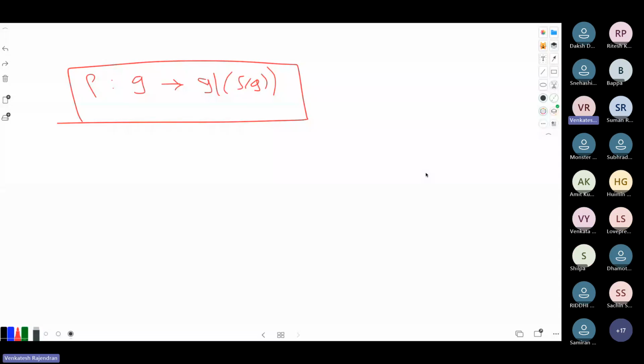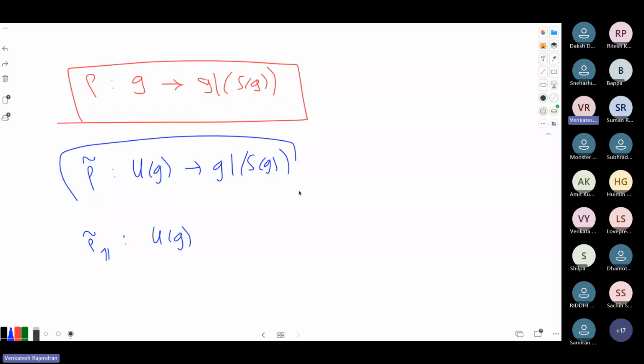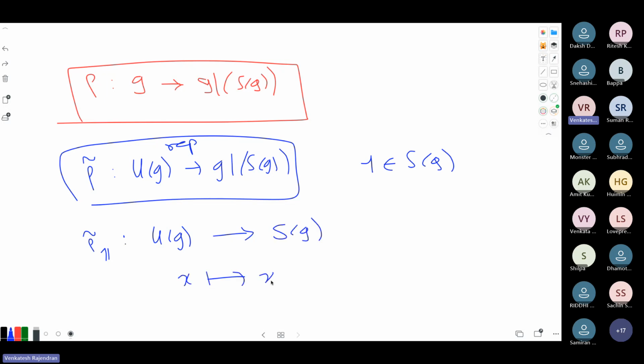Okay, so suppose you have constructed this representation, let's say. Then from this you have this natural map, rho tilde, from UG to GL of SG. Now you take this rho tilde 1 bar. This is a map you are defining now. So this is a representation, and I have chosen this vacuum vector 1 in SG. This rho tilde 1 bar is a map from UG to SG which takes X to X applied on 1.